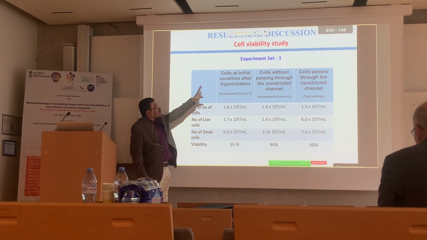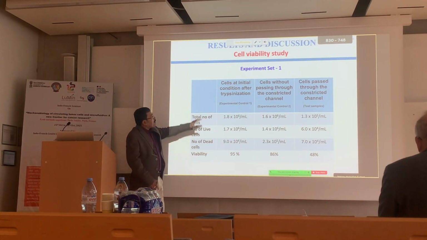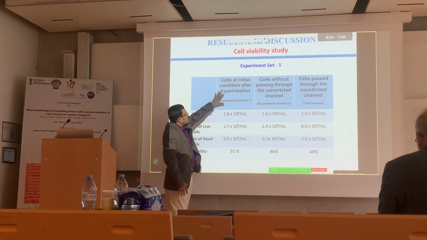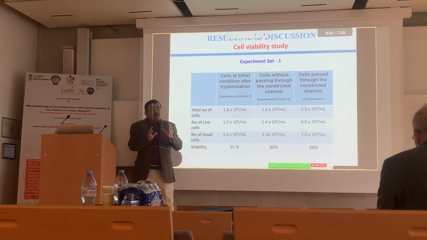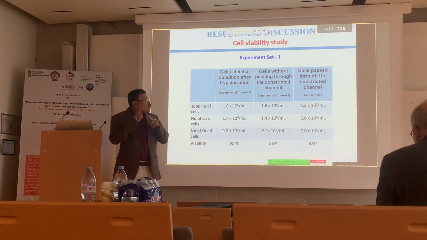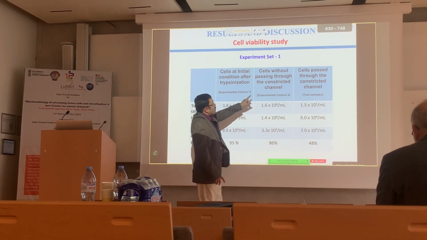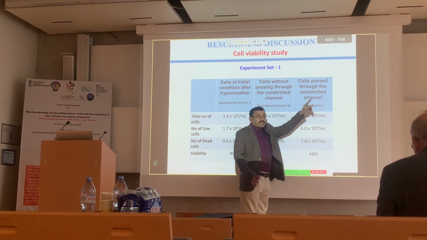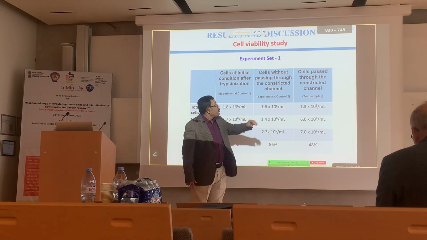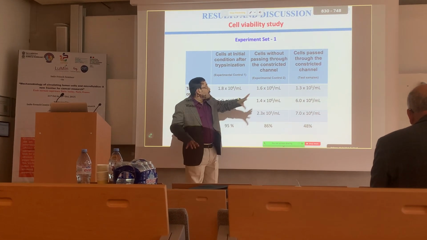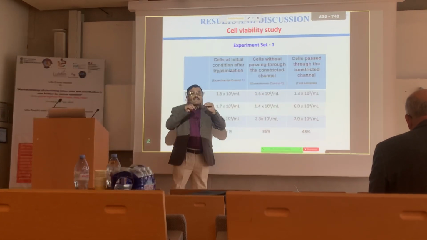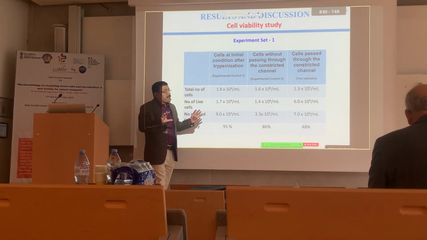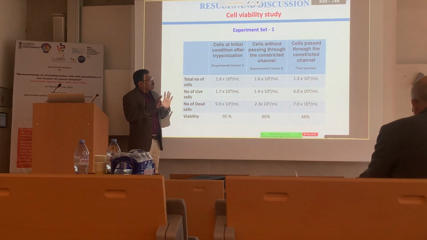From experiment set 1, you can see that first we use the cells at initial condition. Now we use these for two cases. One is cells passed through the constricted channel, and the other is the same cells kept in a natural environment so that they die naturally, not passed through the constricted channel.